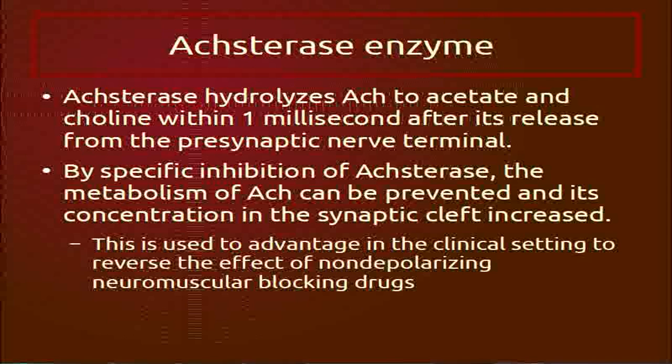Succinylcholine is broken down by plasma, pseudo, whatever you want to call it. But you can understand with such a huge capacity why the effects of acetylcholine are so short. You release it, it binds for a millisecond, and then it's released and it's gone. So you don't continuously contract. You have a way to regulate your muscle contractions.